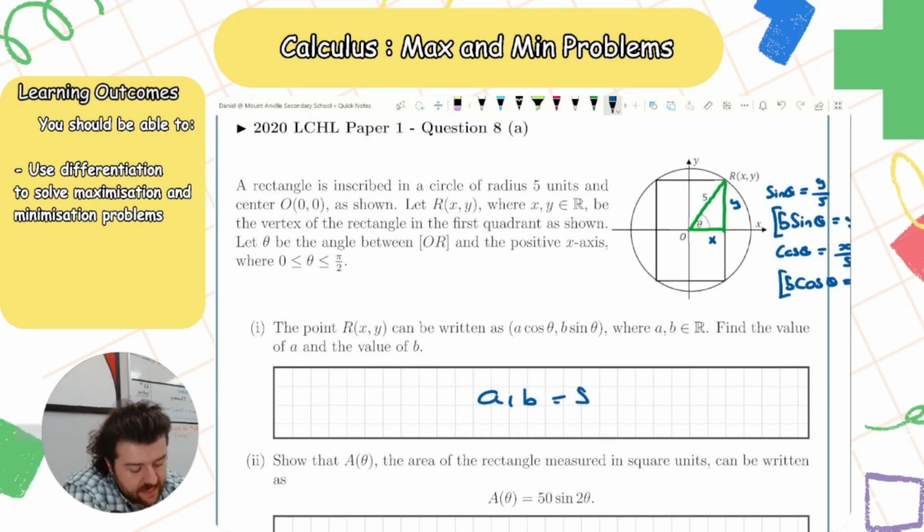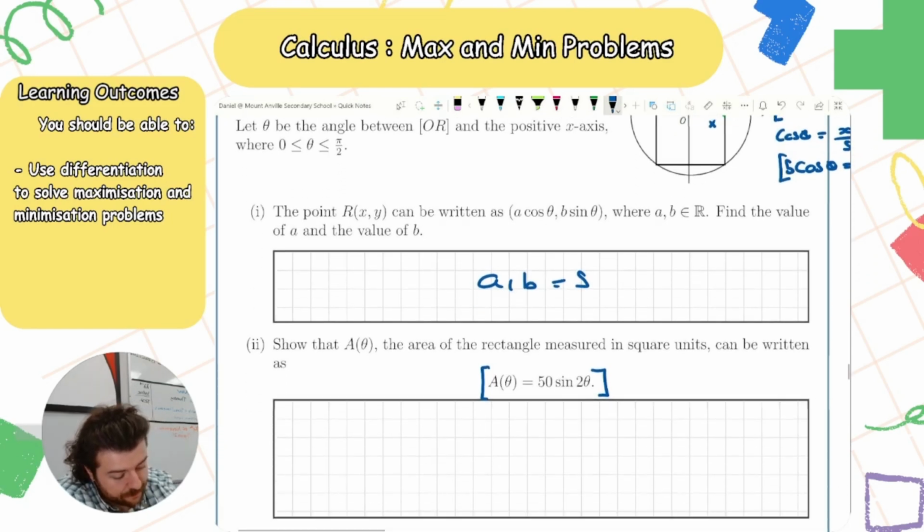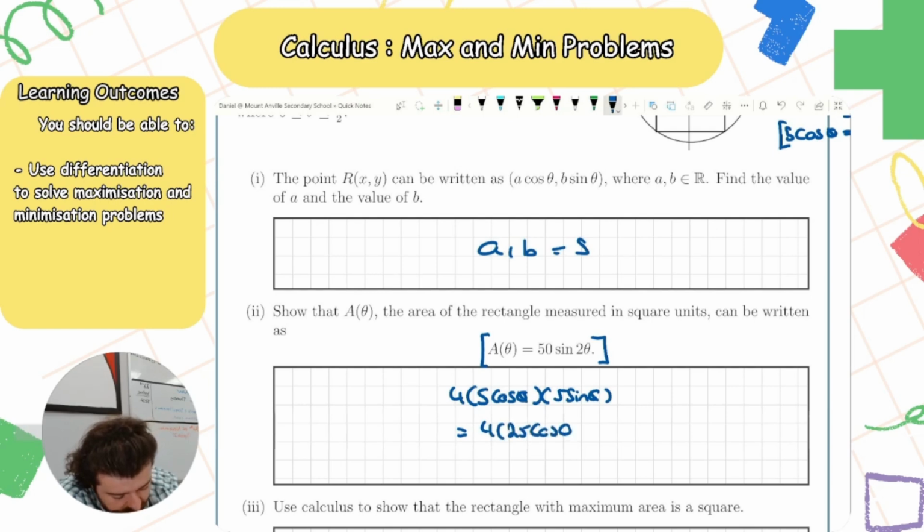Show that the area of the rectangle, measured in square units, can be written as 50 sine 2 theta. So the area of this rectangle is x times y, where x is 5 cosine theta and y is 5 sine theta, and you times it all up by 4. So I'm going to be left with 4 times 25 cosine theta sine theta, which is equal to 100 cosine theta sine theta.